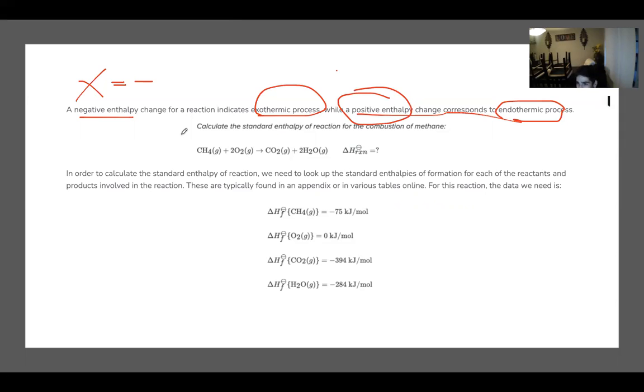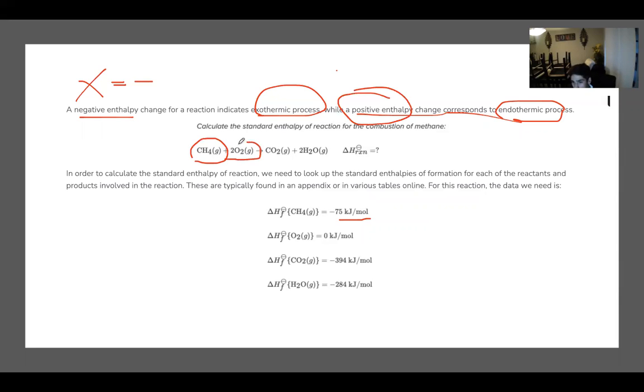And when I said earlier that you have to calculate standard enthalpies within different reactions, I mean your teacher should give you the amount of kilojoules of heat for different bond formations. Like CH4 is negative kilojoules per mole.